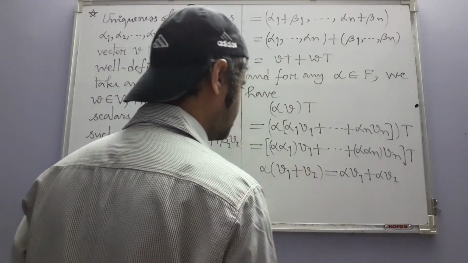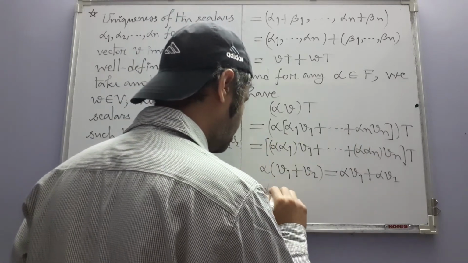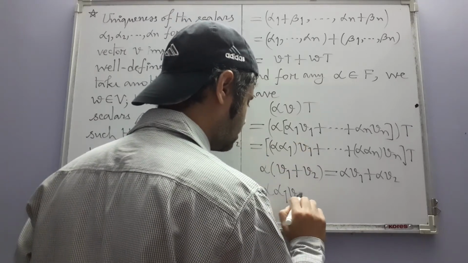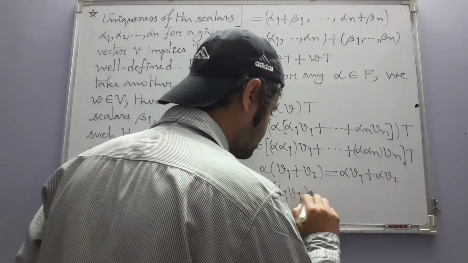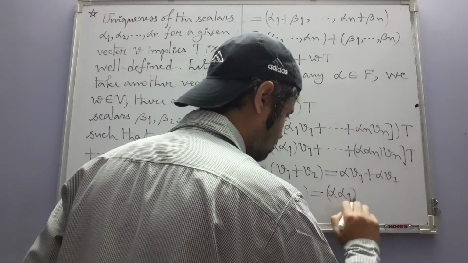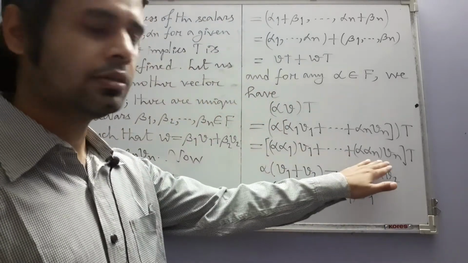Then you get this, and then in each such term you will have this. Now, for example, here, after performing that first thing, you get this. But this again, another axiom tells us that this is equal to alpha alpha 1 v1. So that's how we ultimately get this thing.